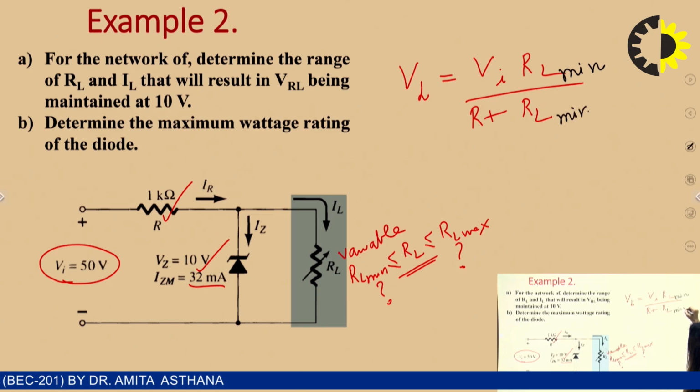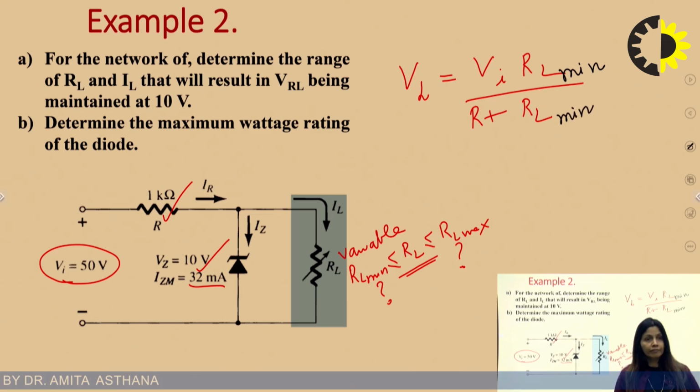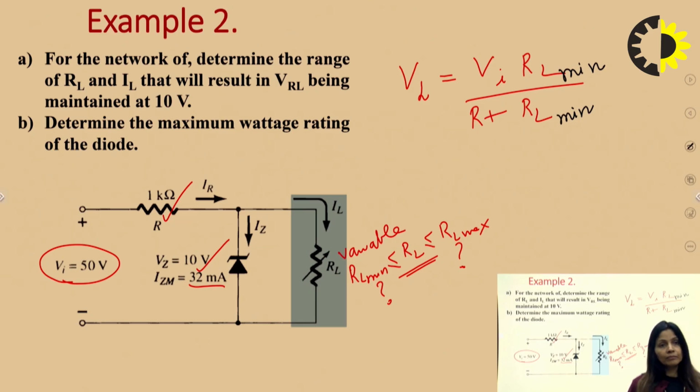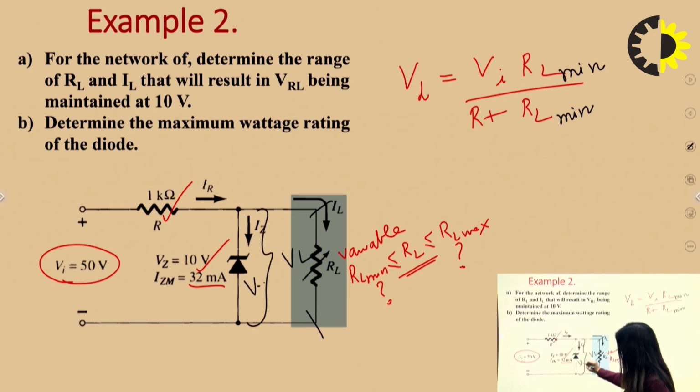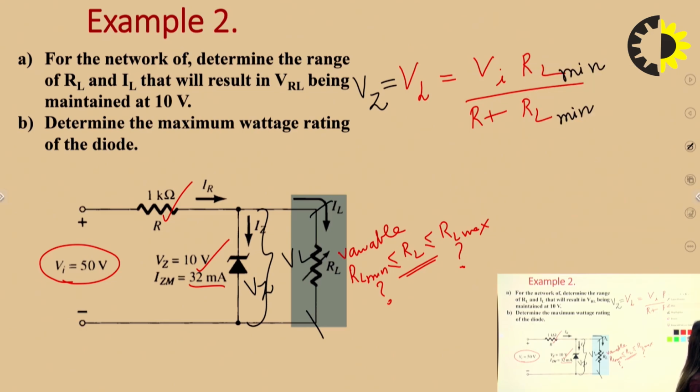In place of RL, you will write in the first step RL minimum. This is the trick to solve the numerical. Since VL is equal to VZ, because I told you to consider the Zener diode to be a battery of VZ, make VL equal to VZ and solve for RL minimum.